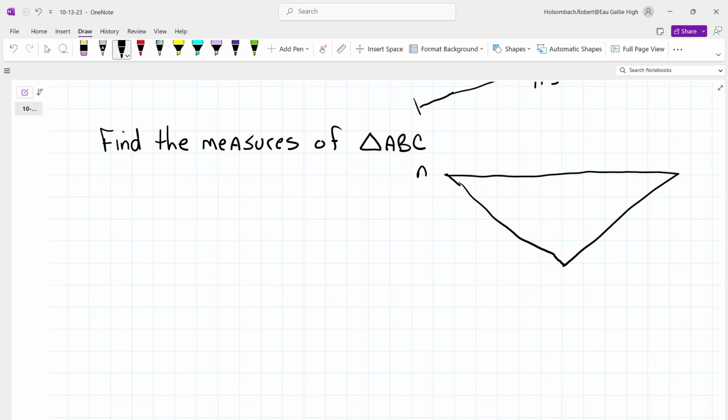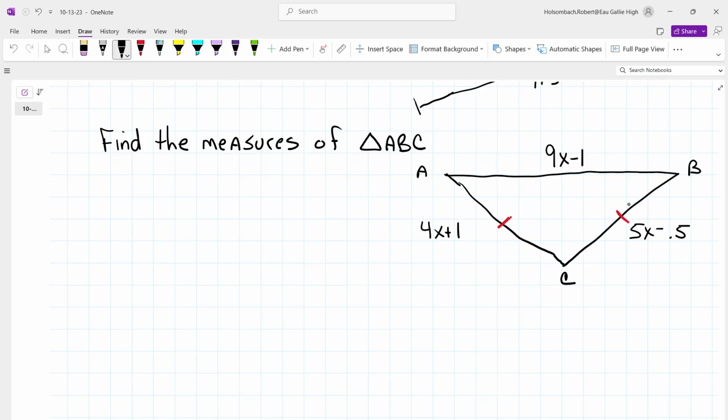Vertices A, B, and C. Side AB is 9x minus 1. Side AC is 4x plus 1. And side CB is 5x minus 0.5. All right, you're told that the triangle is isosceles, and the tick mark shows side AC is congruent to side BC.